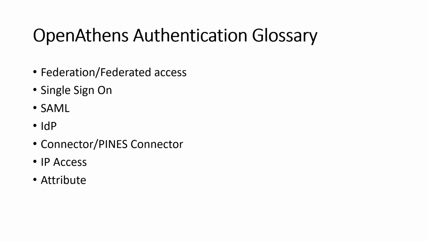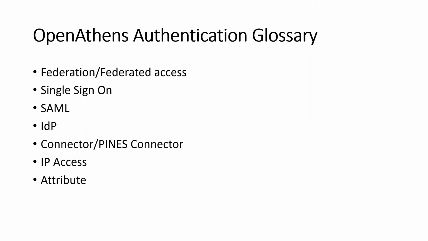You'll hear me say from time to time the three little letters IDP, and this means identity provider. In the case of a lot of our academic libraries, your identity provider would be something like Microsoft Azure Active Directory, or ADFS, or CAS, or other terms that you hear associated with the IDP. But basically, it's the source of data that your institution uses for single sign-on.